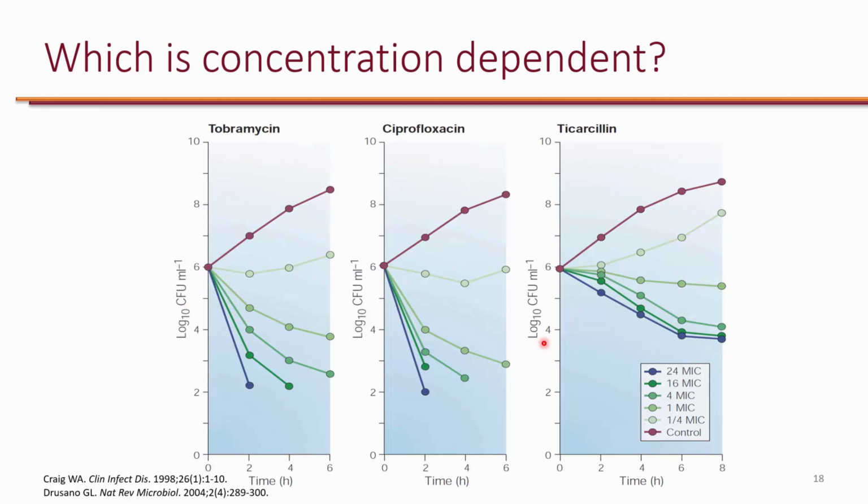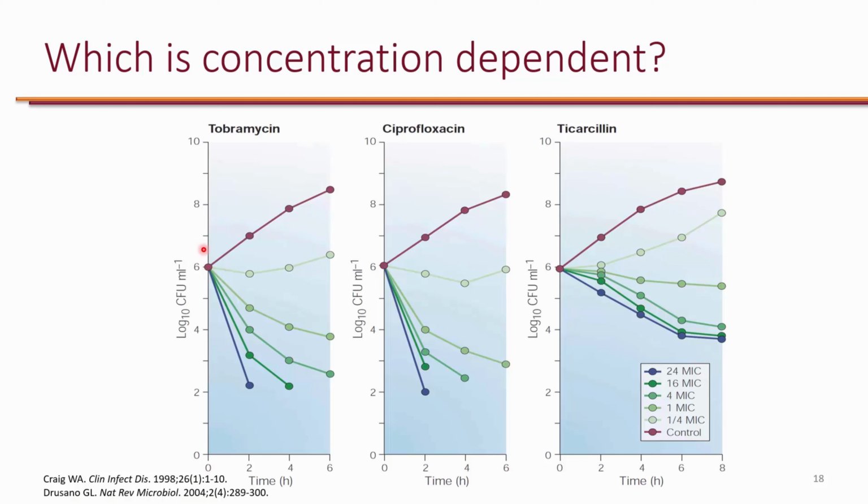The red circles are the control, meaning we don't use any antibiotics, we just let the organism grow. As time goes on, bacteria grow in the absence of antibiotics. Now the question is, if we start to introduce antibiotics, how much does it prevent growth of bacteria?